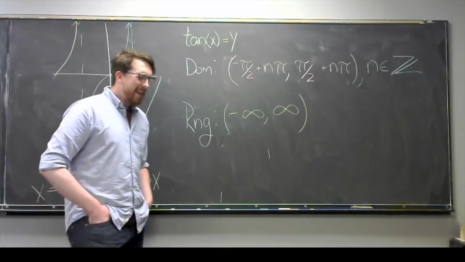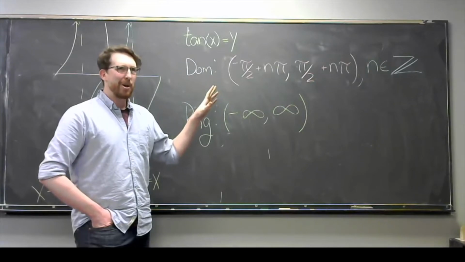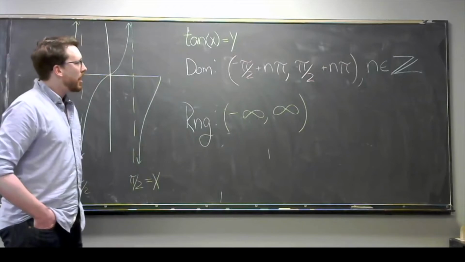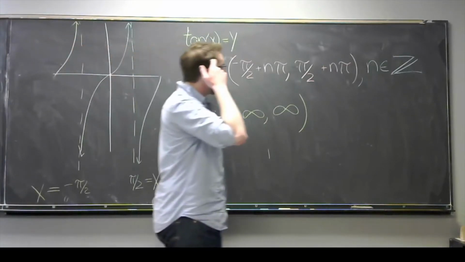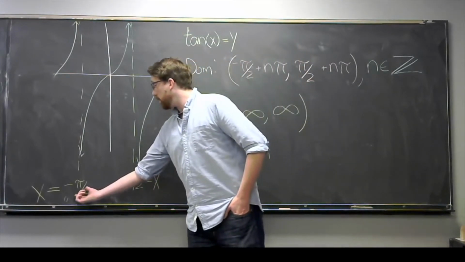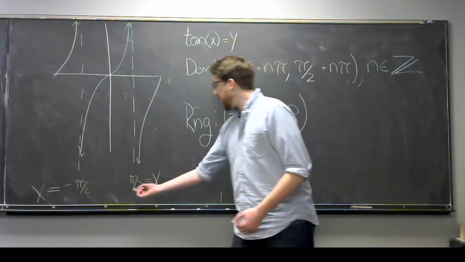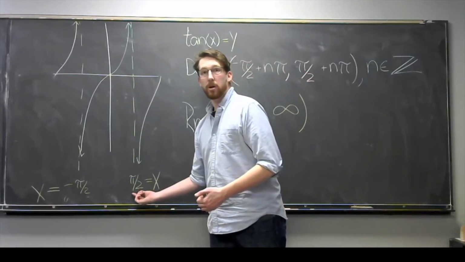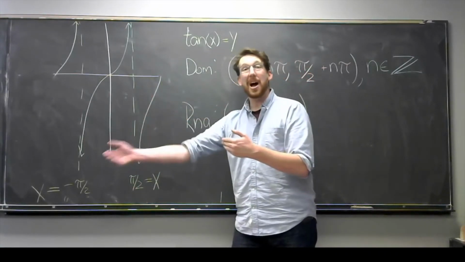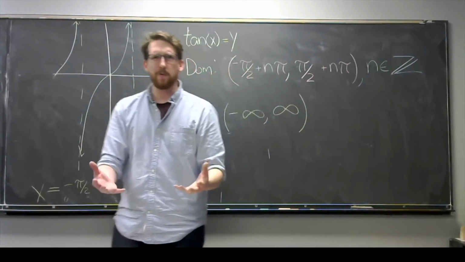So because of that, our domain gets a little, let's say, cattywampus. And it gets funny like this because what ends up happening is in our domain, we can't include negative pi over 2. And we can't include pi over 2. And every value pi away from those, we can't include. So we have to do something to account for that.